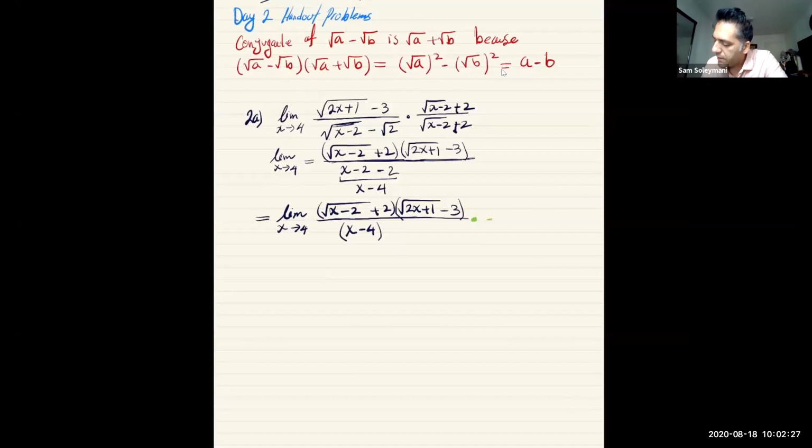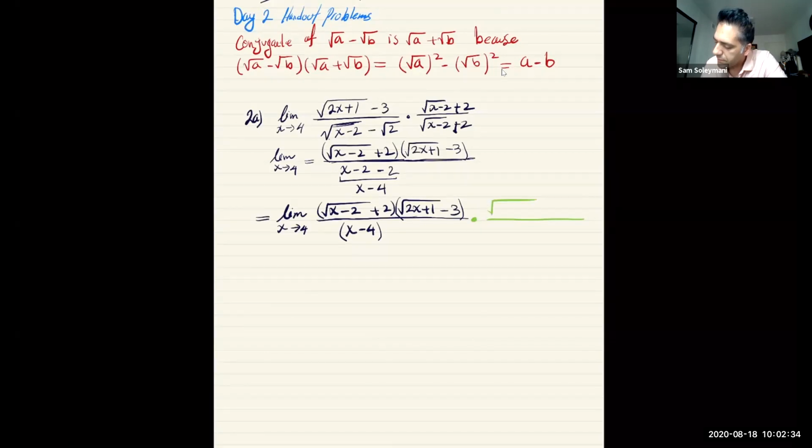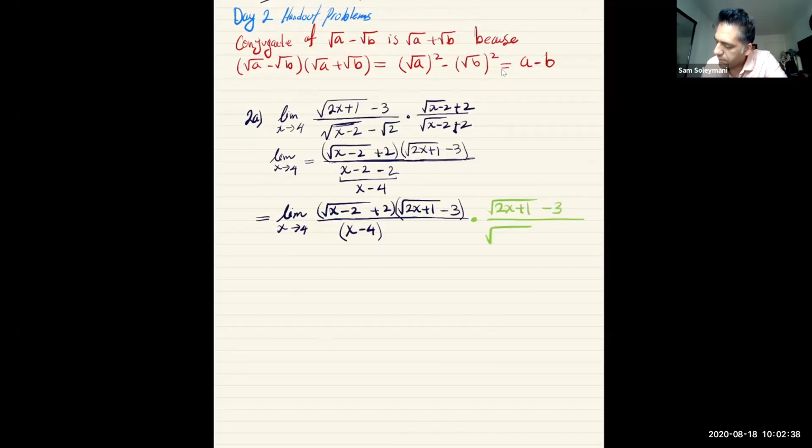To do that, multiply by the conjugate of the other two terms, which is the root 2x plus 1 minus 3.